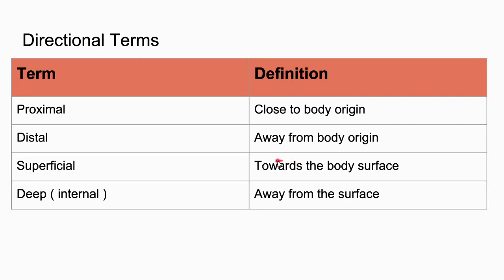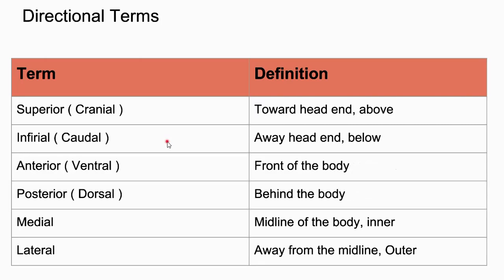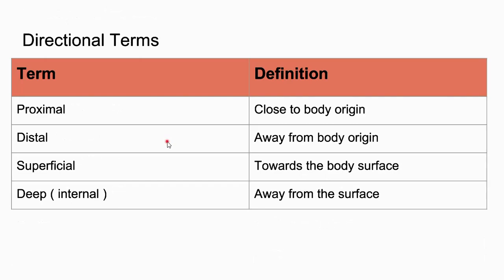There are some superficial veins, but there are also some deep veins, and those are called deep. These terms are important for us to identify where the organ is in the body, and these are the universally accepted terms. Wherever you go, you are going to find the same terms.